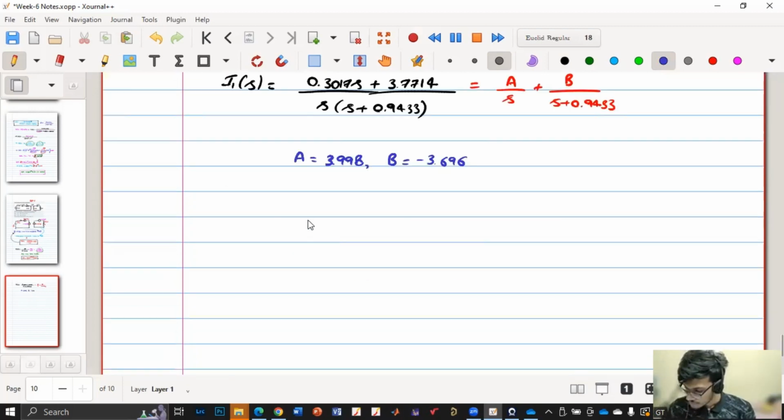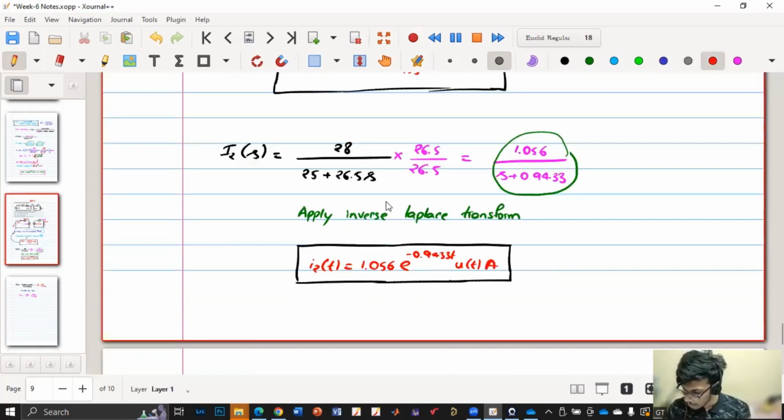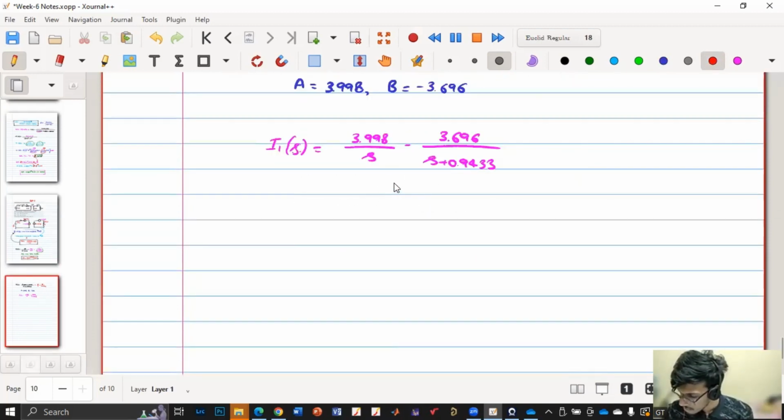So my I1 of s is nothing but 3.998 by s minus 3.696 by s plus 0.9433.